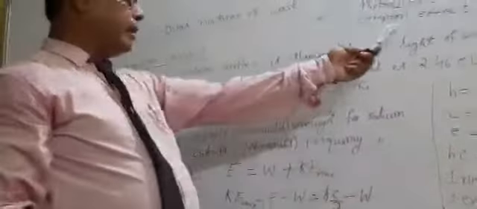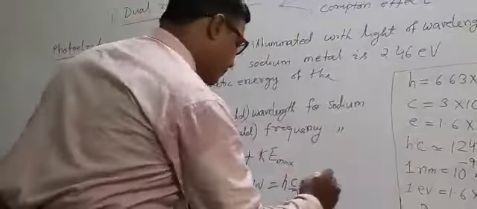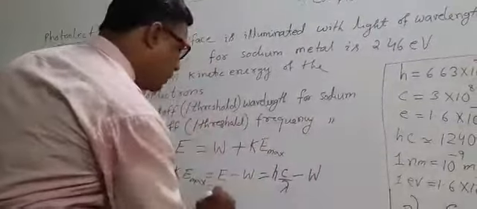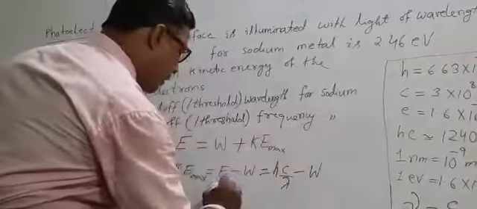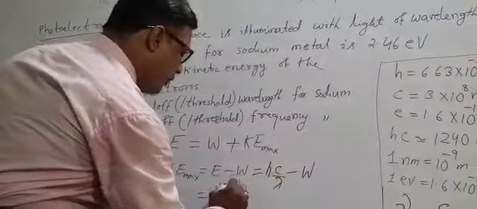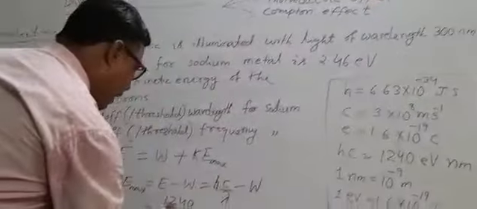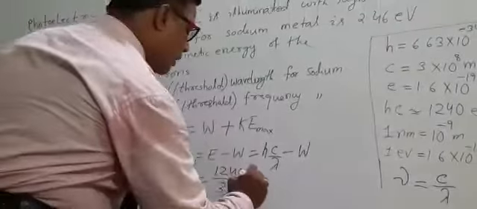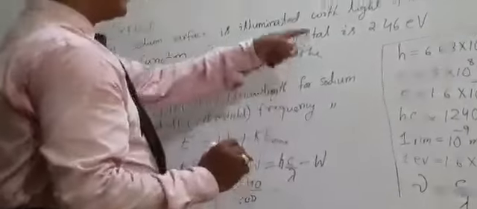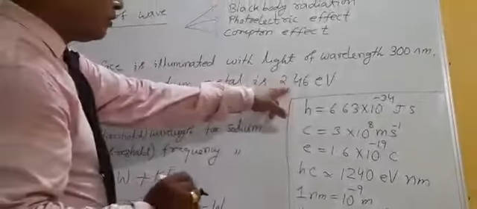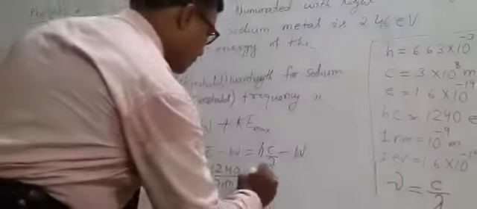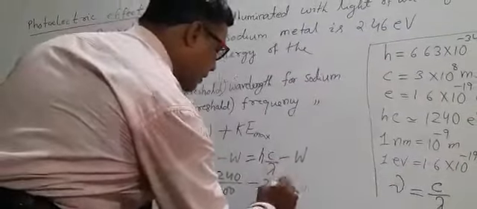And lambda is given, lambda is 300 nanometer. So you can put here hc by lambda, that is 1240 by 300, minus W, and W is given as 2.46.